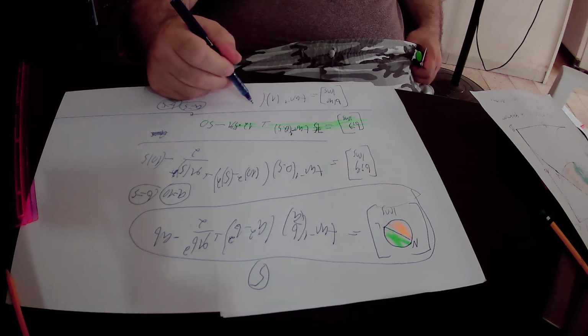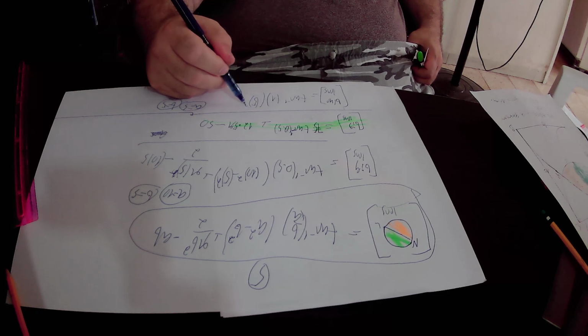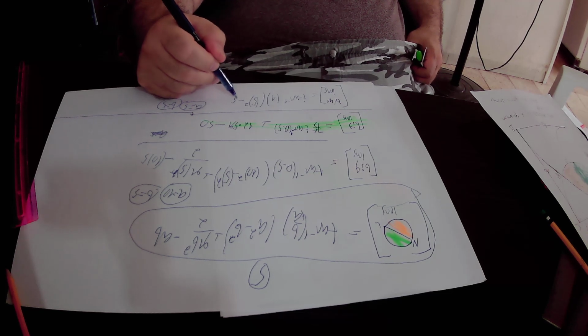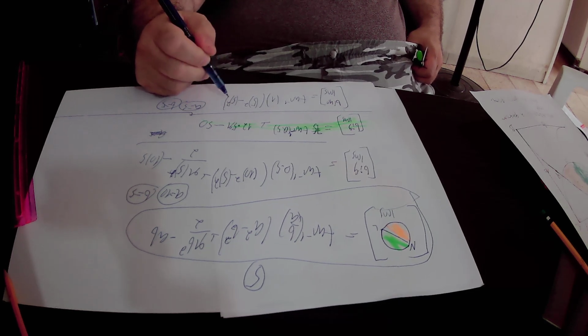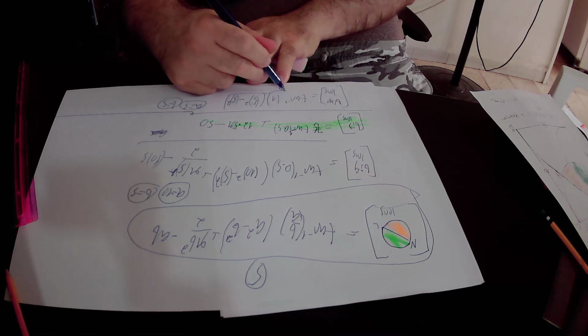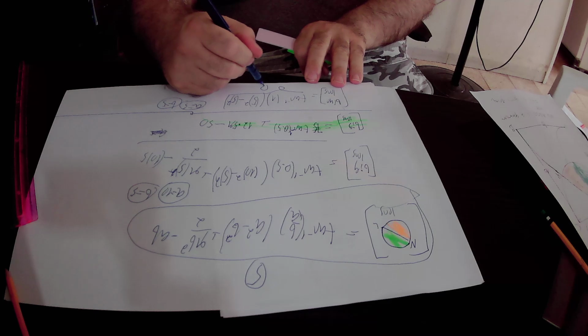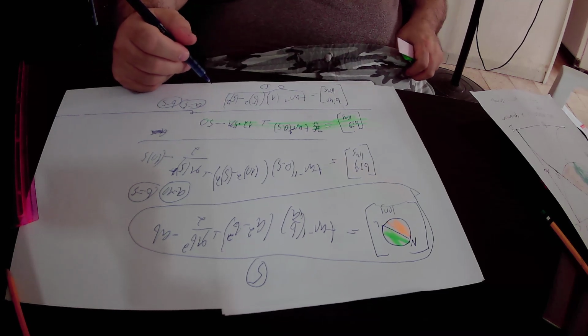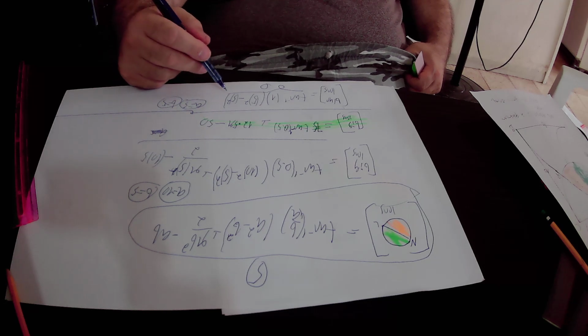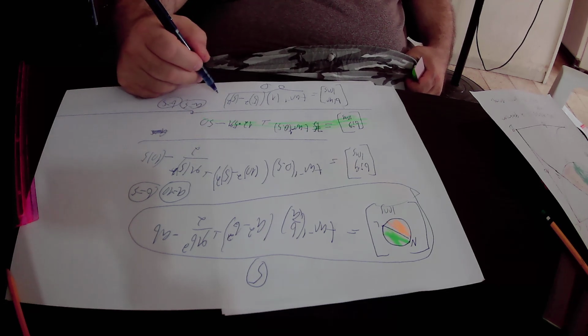A is 5, so A square is 5 square. Minus B square. B is also 5, so B square is 5 square also. 5 square minus 5 square is 0, so this expression will be equal to 0. And we also have to add to this expression pi B square.